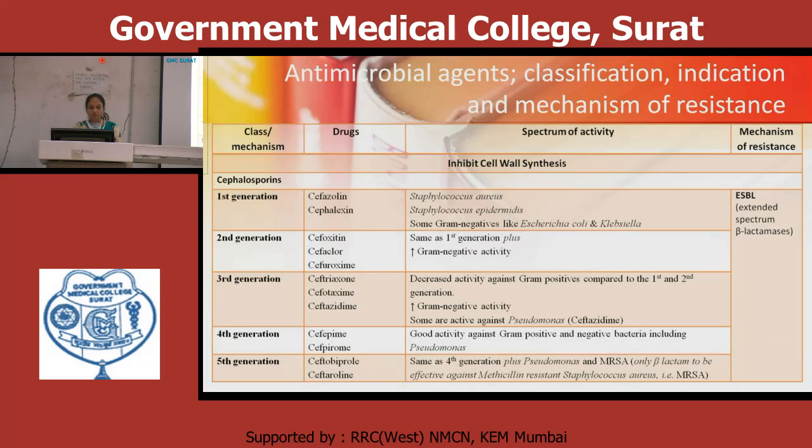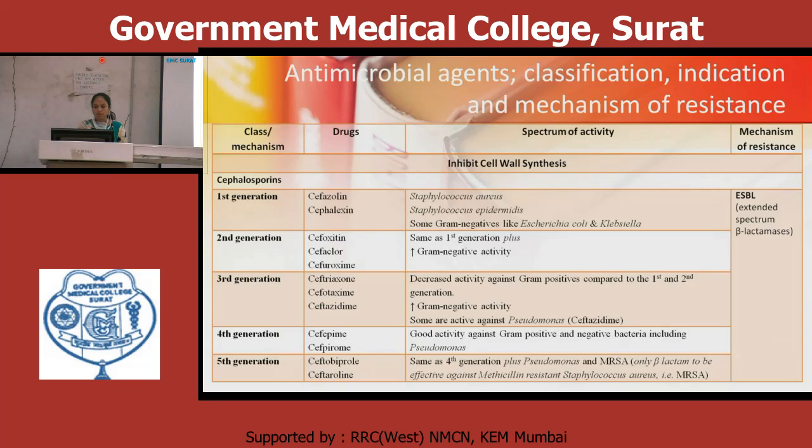In third generation, drugs are ceftriaxone, cefotaxime and ceftazidime. Spectrum of activity, that is a decreased activity against gram-positive compared to first and second generation. Increased gram-negative activity, some are active against pseudomonas, that is ceftazidime. In fourth generation, drugs are cefepime and cefpirome.